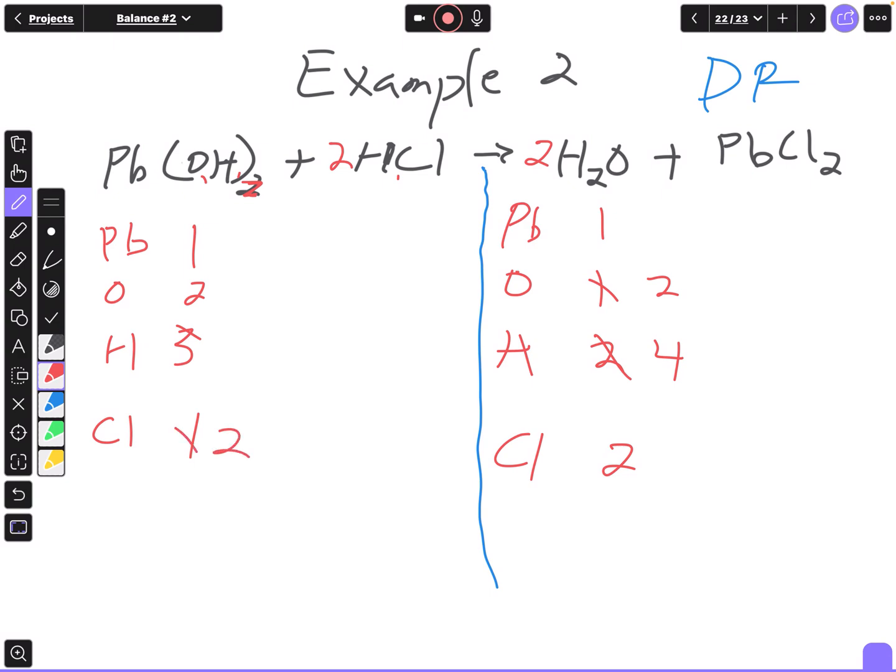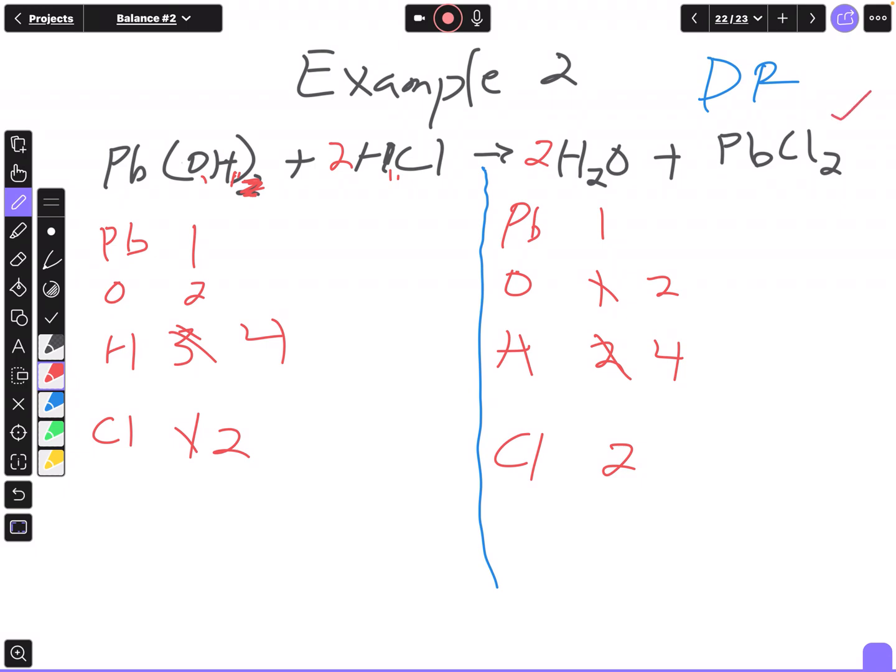It's going to change my hydrogens. I got this 1 times 2 here, 2 right there, then plus 2 more, gives me a total of 4. Then I check. I got 1 and 1 lead, 2 oxygens, 4 hydrogens, 2 chlorines. So that is a balanced reaction.